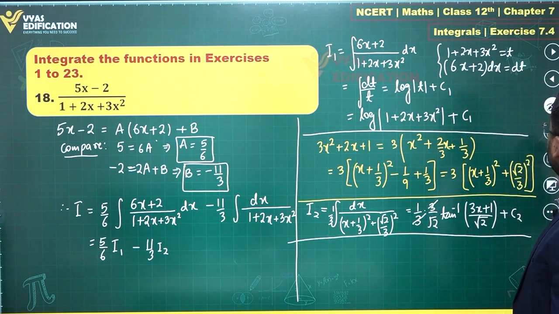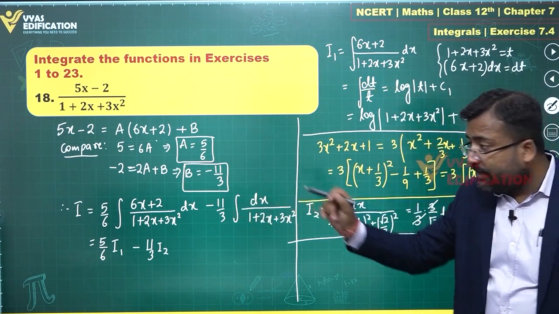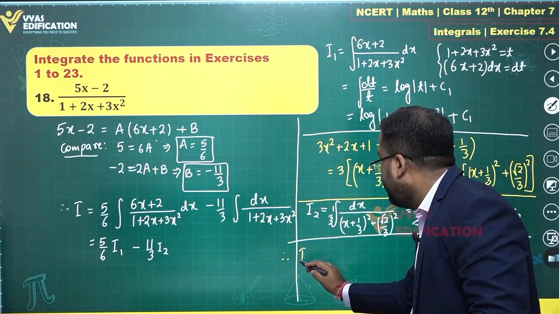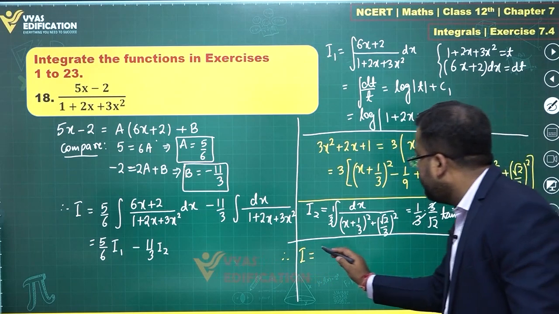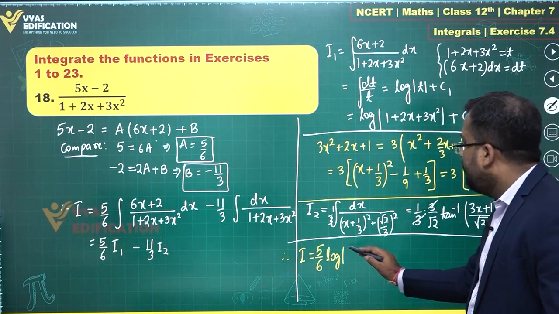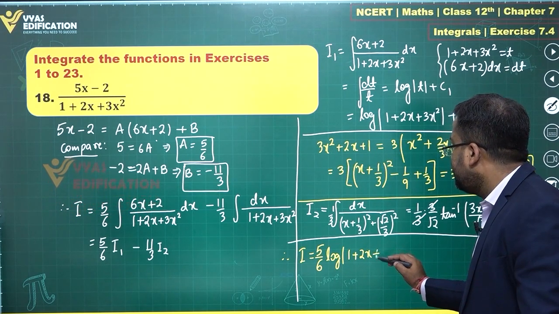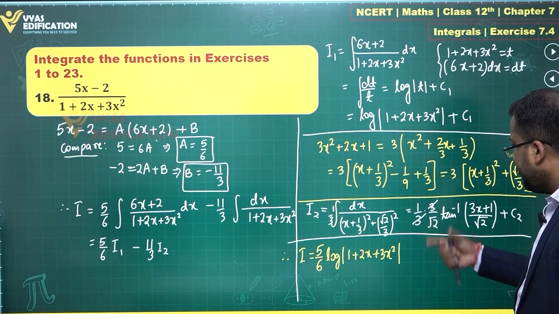This here is I2. Once you have found I1 and I2, the next thing to write is the value of I from there. Therefore, I will be equal to 5 by 6 times I1, which is 5 by 6 log of modulus 1 plus 2x plus 3x square, and minus 11 by 3 times this I2.